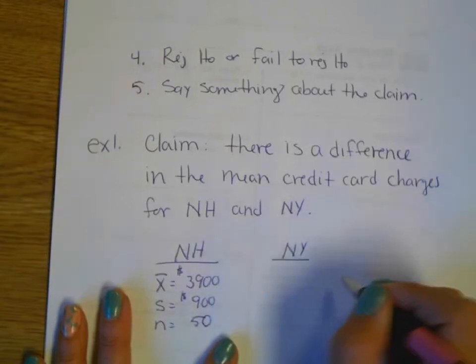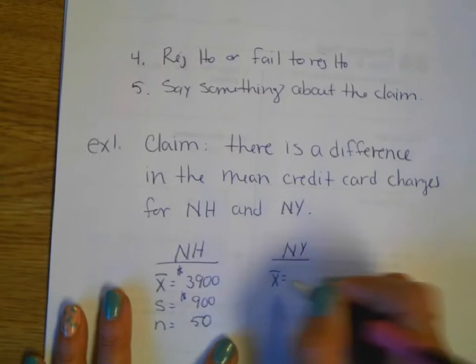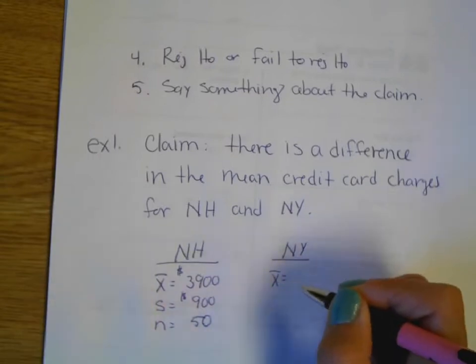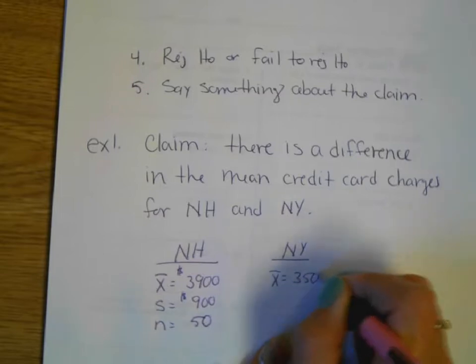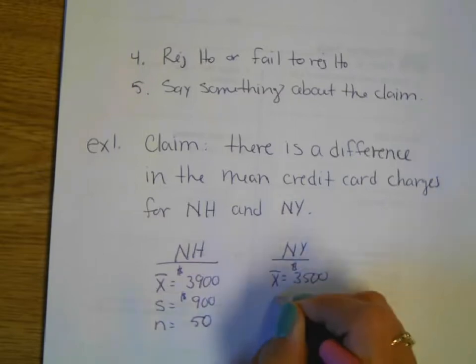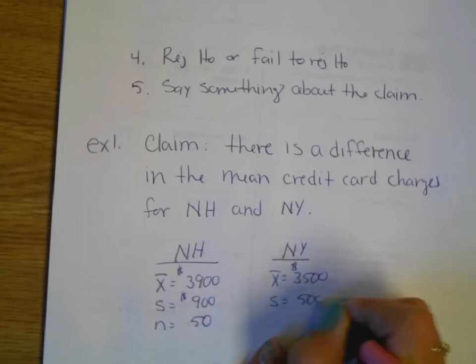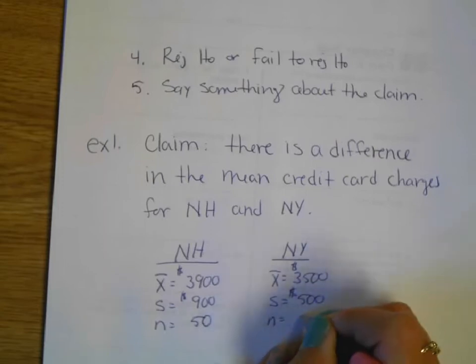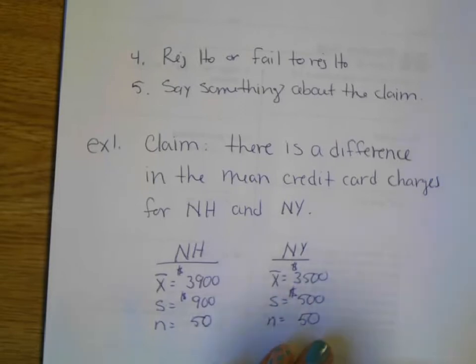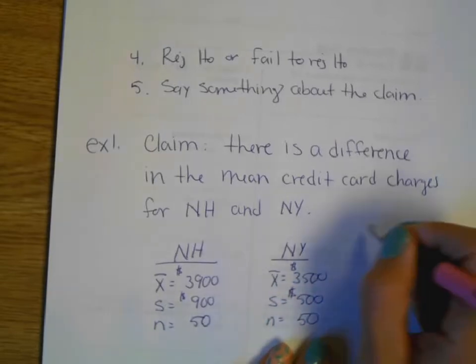New York, the mean is 3,500. Standard deviation 500. And then sample size 50. And we're going to test this at 1%.